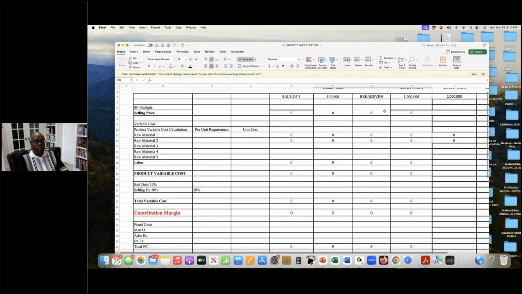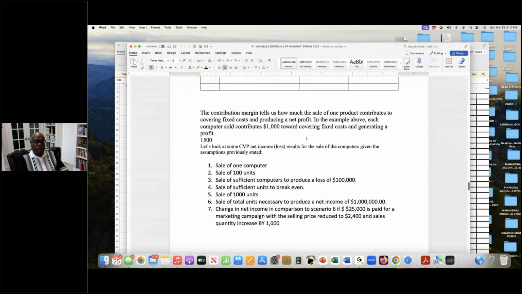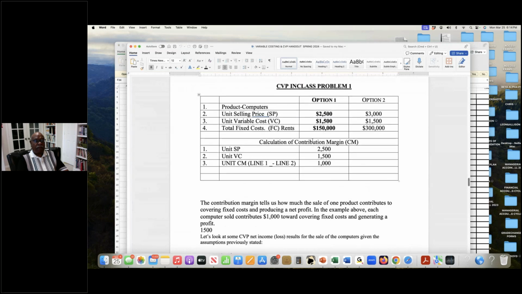So we're looking at the sale of one, and as we look at the sale of one, what did we say our selling price was? What is our selling price in our example here?